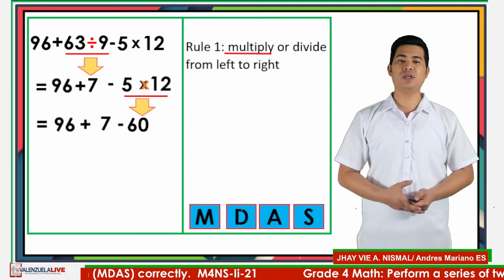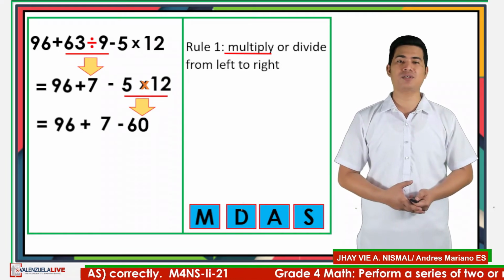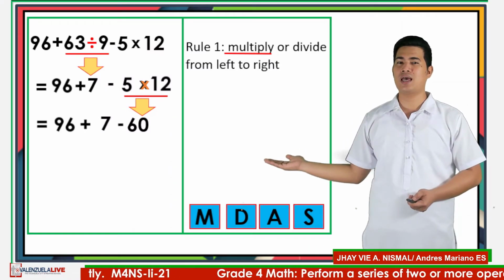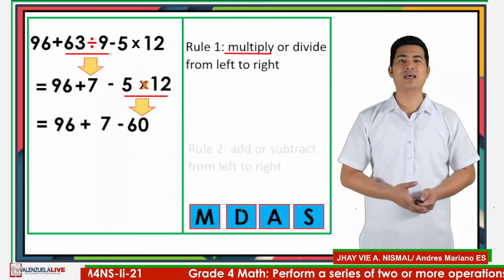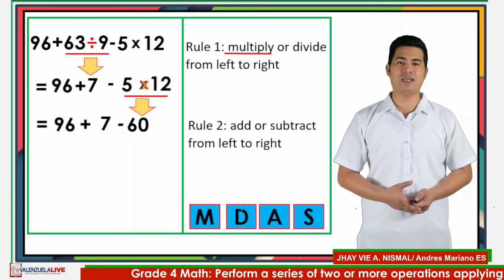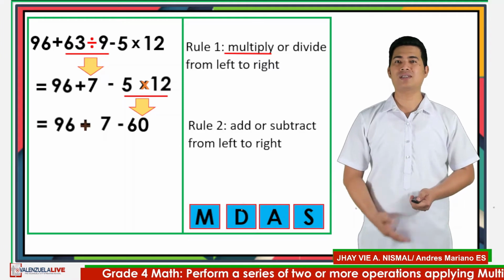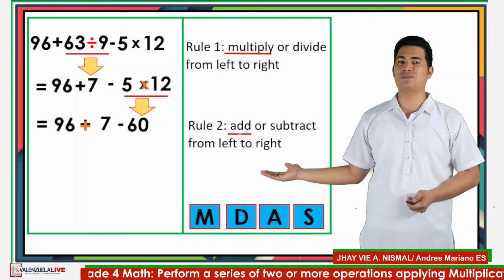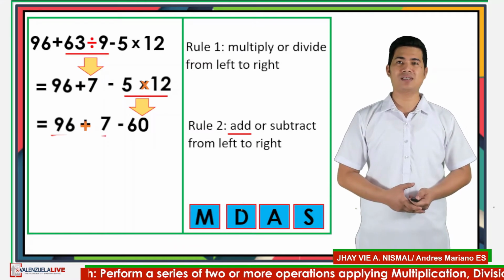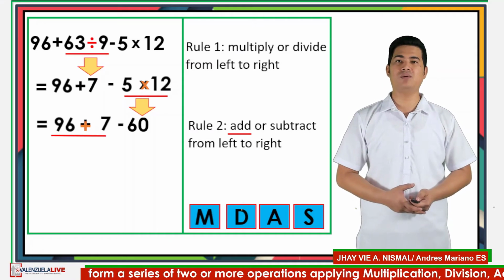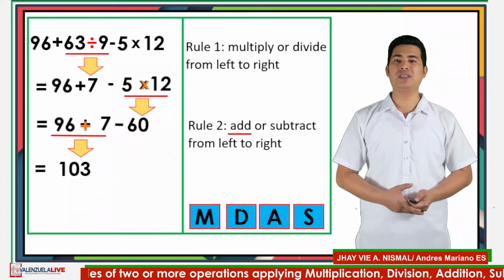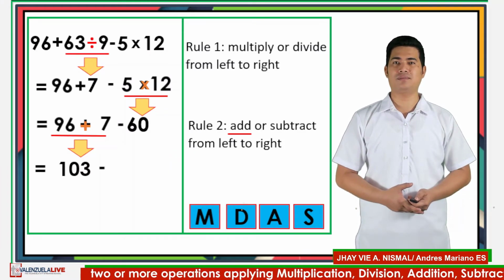Since we have two remaining operations, addition and subtraction, look at now the expression. As the rule says, add or subtract in the order as they come from left to right. Since addition comes first from left to right, let's add. 96 plus 7 is equal to 103. Then bring down minus 60.